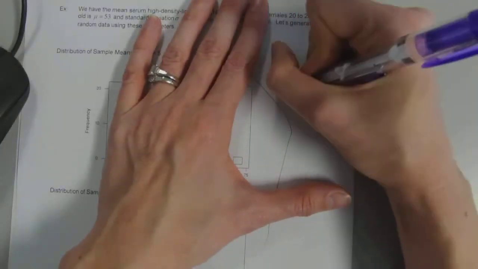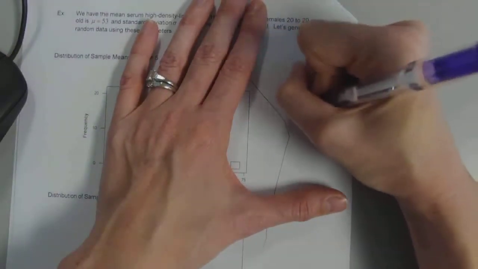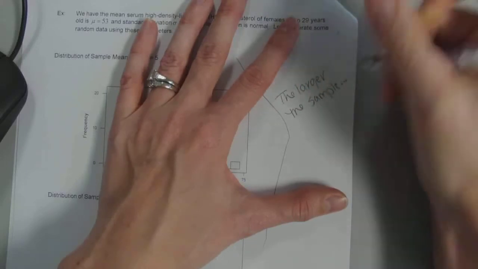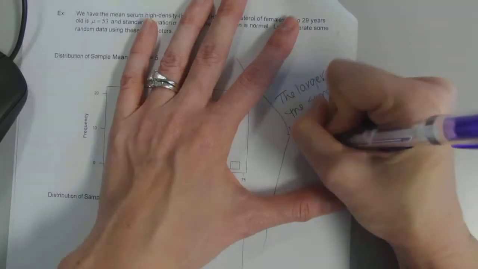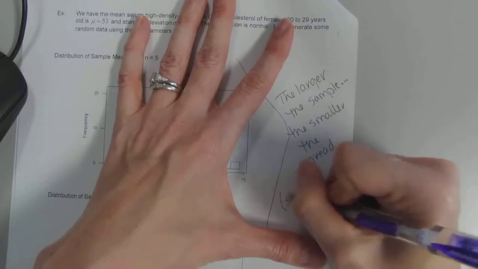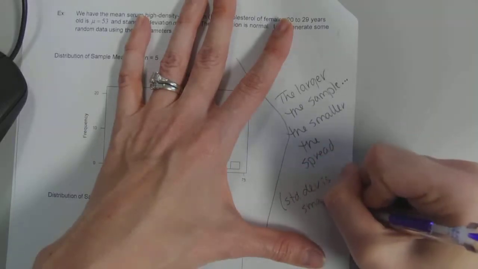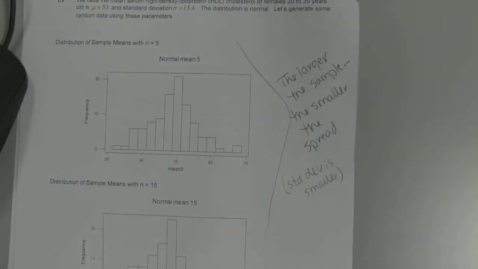The larger the sample, the smaller the spread. So standard deviation is smaller. Okay? The larger the sample, the smaller the spread.